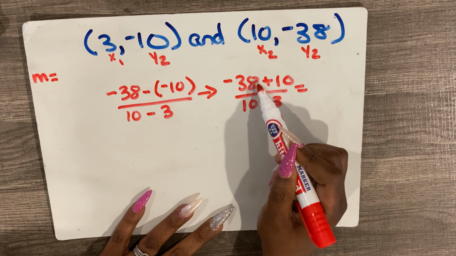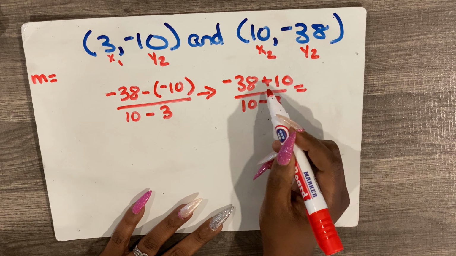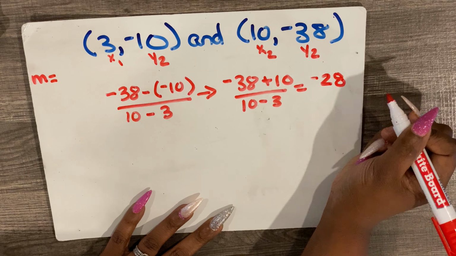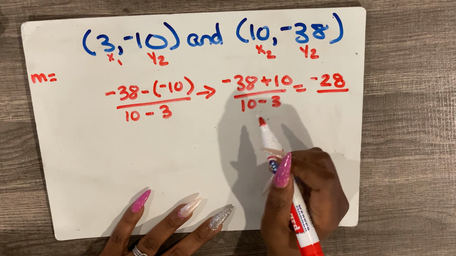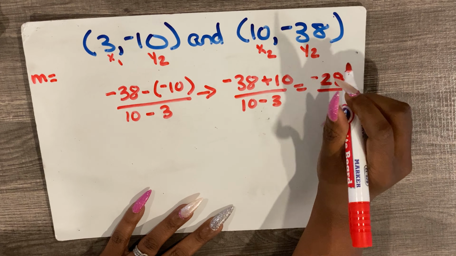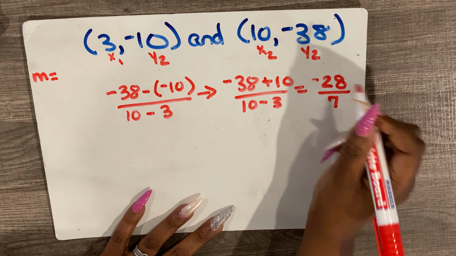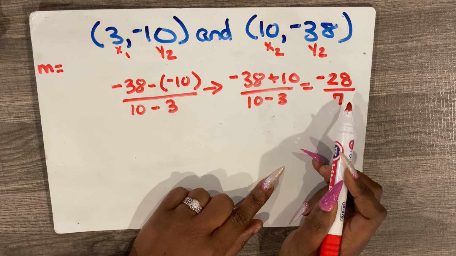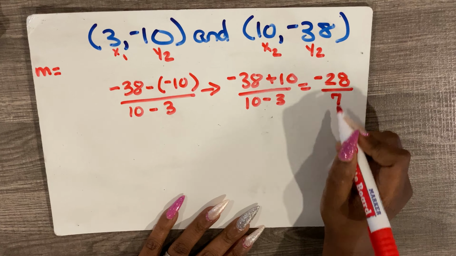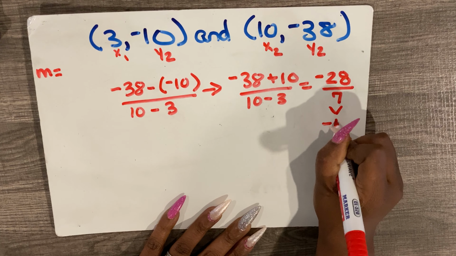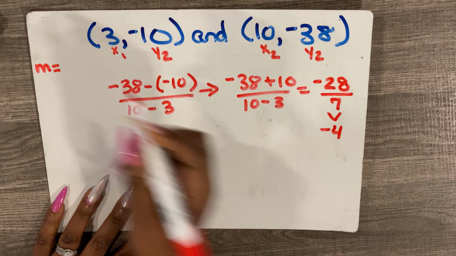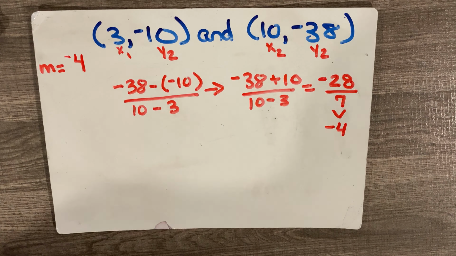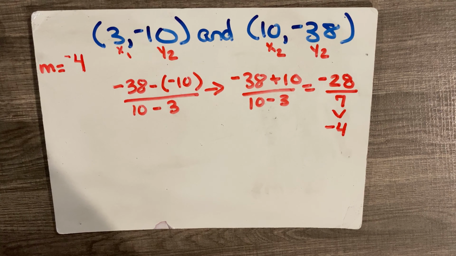So negative 38 plus 10 is negative 28, divided by 10 minus 3, which is 7. So negative 28 divided by 7 is a negative 4. So my slope for this line is a negative 4, or negative 4 over 1. They mean the same thing.